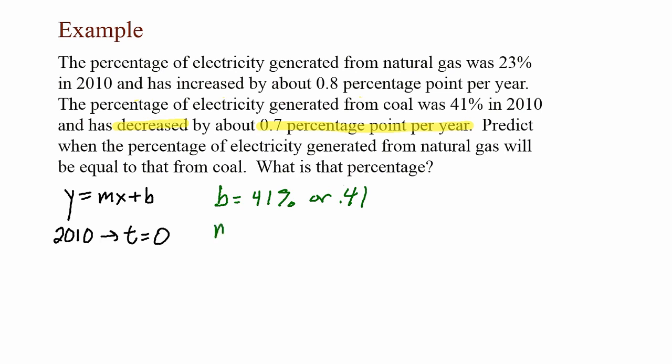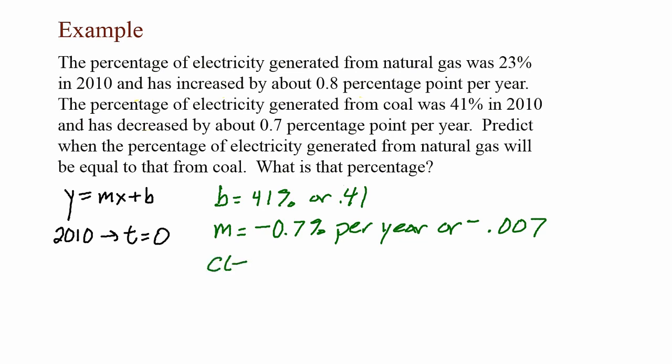Since it decreased, my slope is going to be negative. 0.7 percentage point per year is the slope, or negative 0.007 when you change that percent to a decimal. I'm going to use C of t to represent my function for coal. That replaces my y. My m is negative 0.007. My x is a t, plus my y-intercept, which is 0.41.